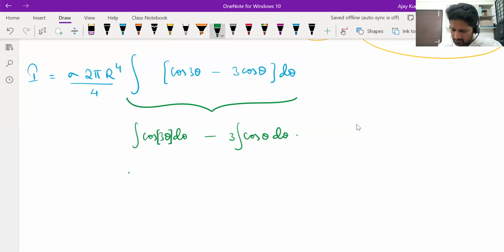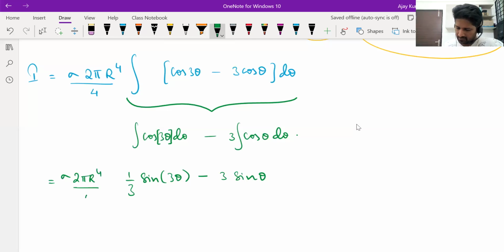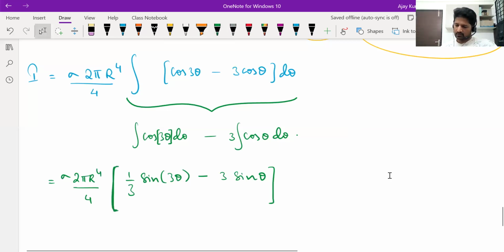So it becomes 1 by 3 sine of 3 theta plus, this becomes integral cos theta is sine theta itself. Okay. And outside there were some constants, sigma 2 pi R power 4 divided by 4. And we still have to substitute limits. Okay, this is quite lengthy actually, but we have to do it. Fine.